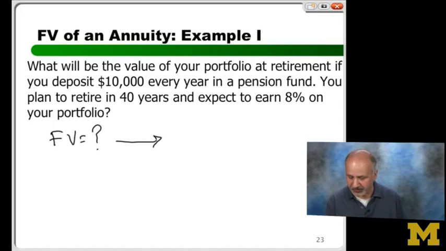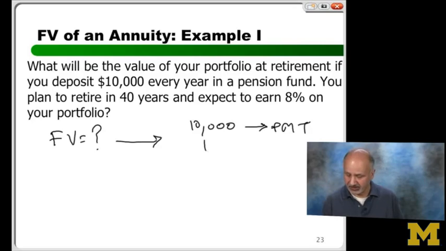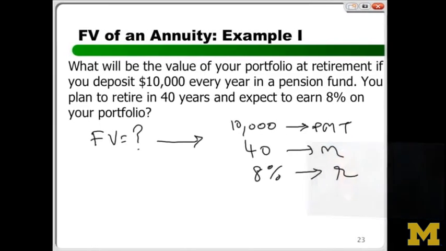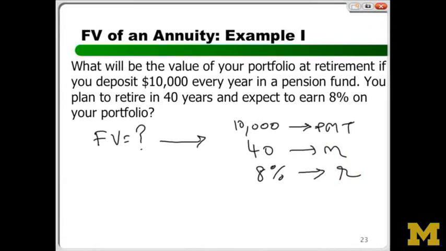And out popped, I gave this information, $10,000 was PMT, 40 was N, but most importantly, 8% was R. So I gave all this information to Excel or a calculator, whatever you choose to be using, simply because it's a very complicated calculation.